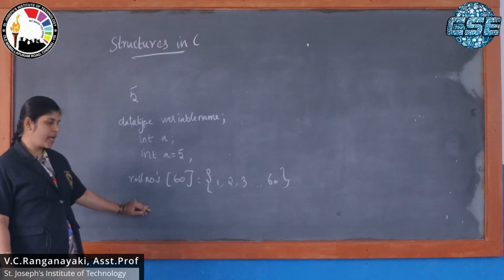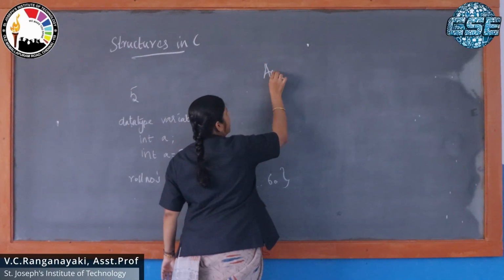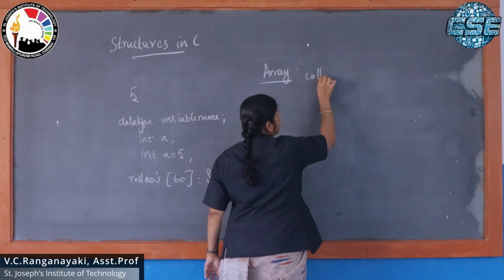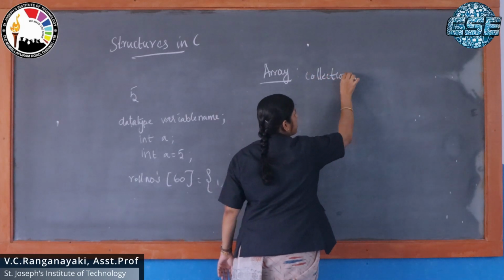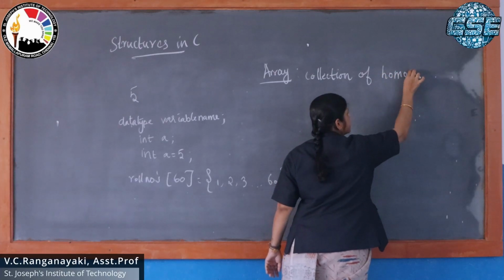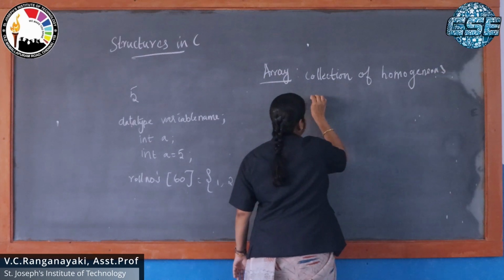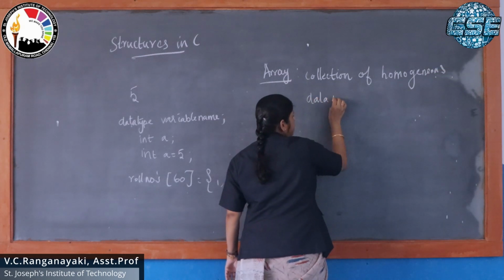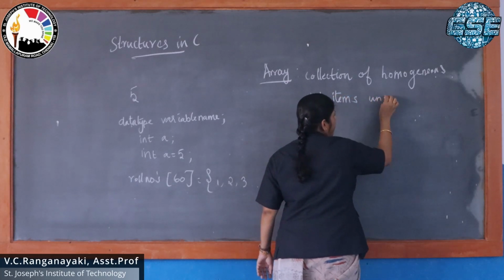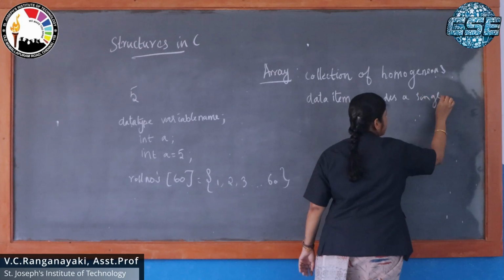So what is an array? An array is a collection of homogeneous data items under a common name, a single name.